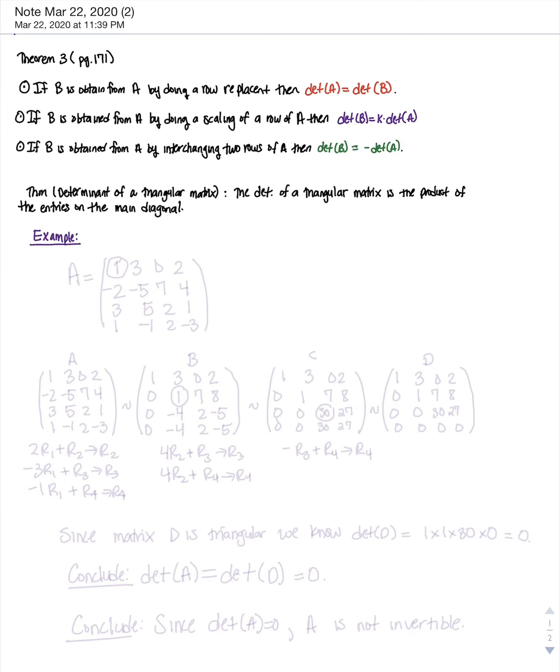Let our matrix A be the matrix 1, 3, 0, 2, negative 2, negative 5, 7, 4, 3, 5, 2, 1, and 1, negative 1, 2, negative 3.